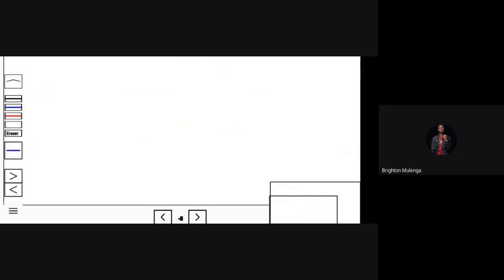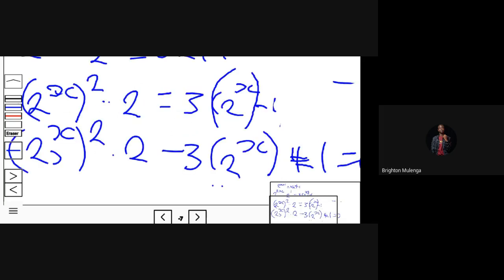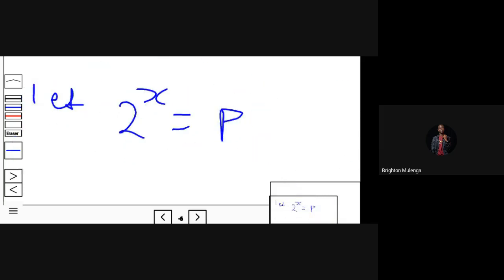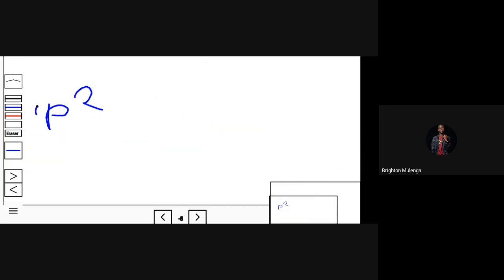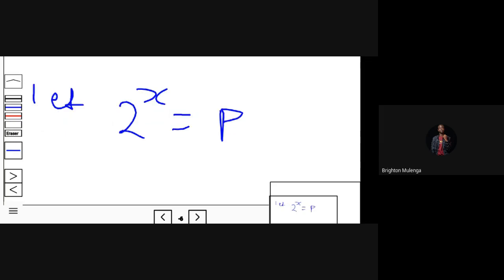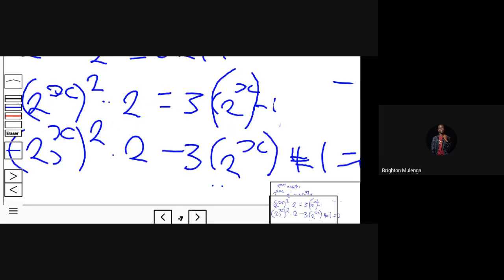So since the first part will be squared, it will be 2p squared, then minus 3p, then plus 1.